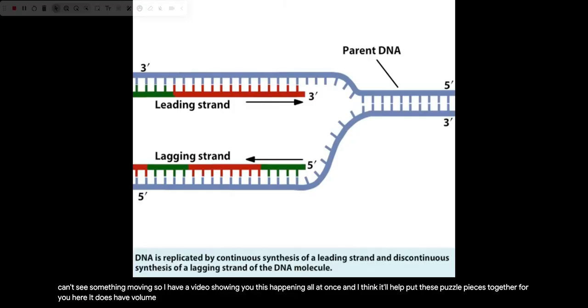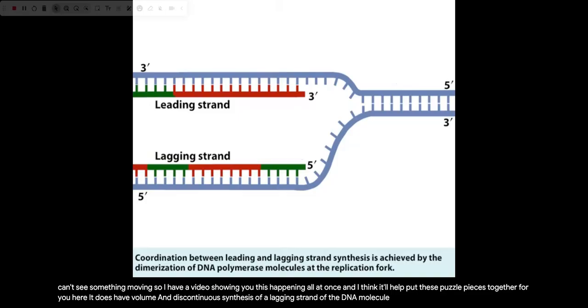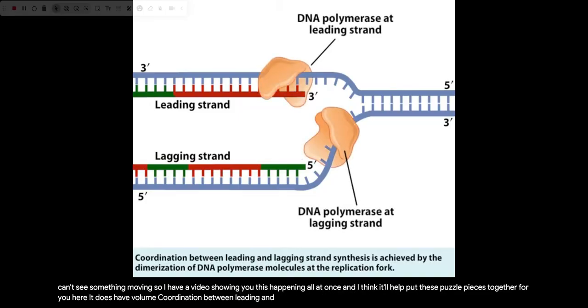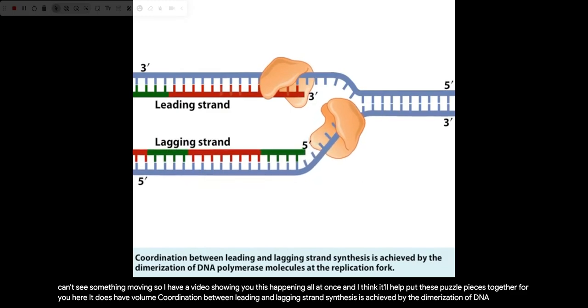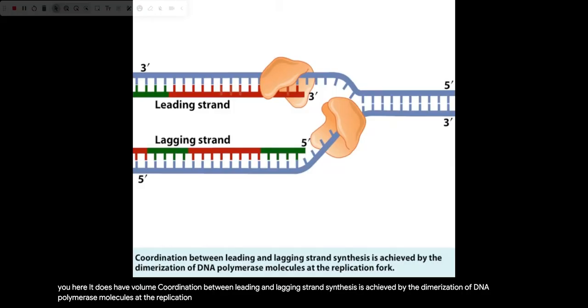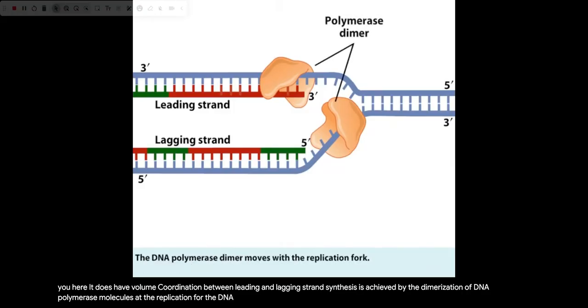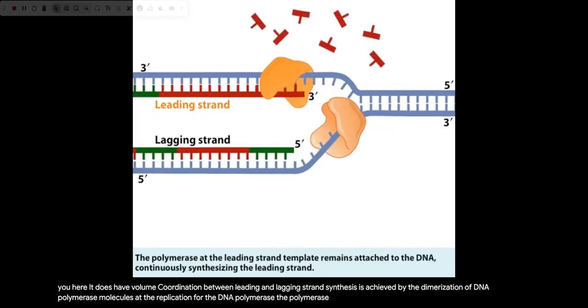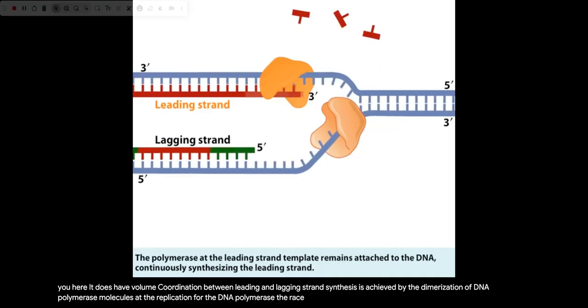DNA is replicated by continuous synthesis of a leading strand and discontinuous synthesis of a lagging strand of the DNA molecule. Coordination between leading and lagging strand synthesis is achieved by the dimerization of DNA polymerase molecules at the replication fork. The DNA polymerase moves with the replication fork. The polymerase at the leading strand template remains attached to the DNA, continuously synthesizing the leading strand.